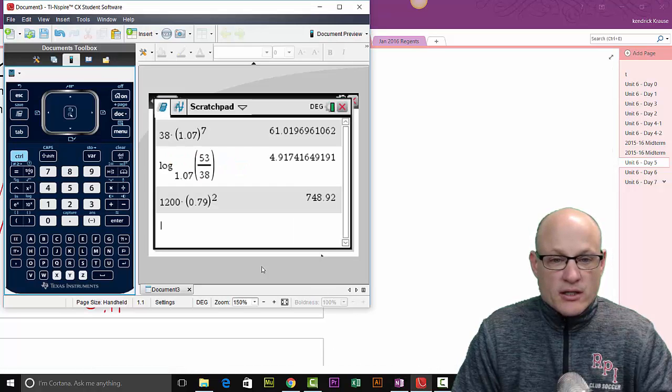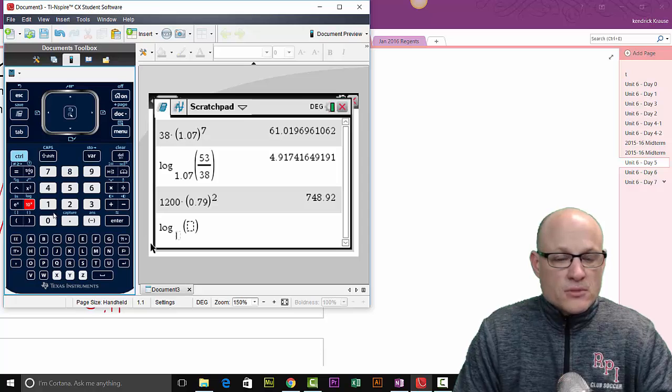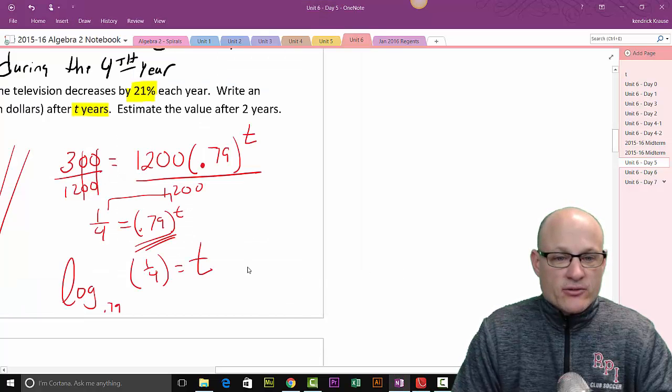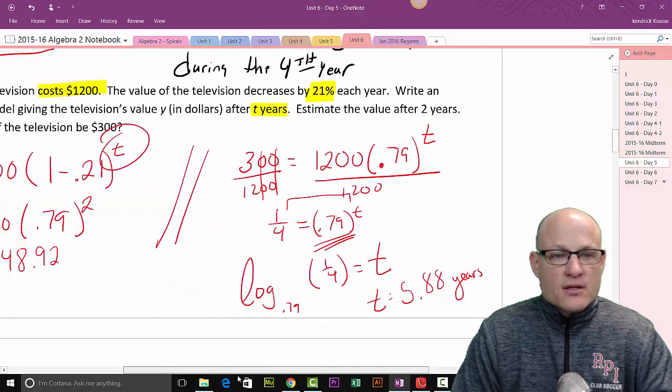So we come over to our calculator. We do the log base 0.79 of 1/4, which is just 0.25, equals 5.88 years. So t equals 5.88 years.